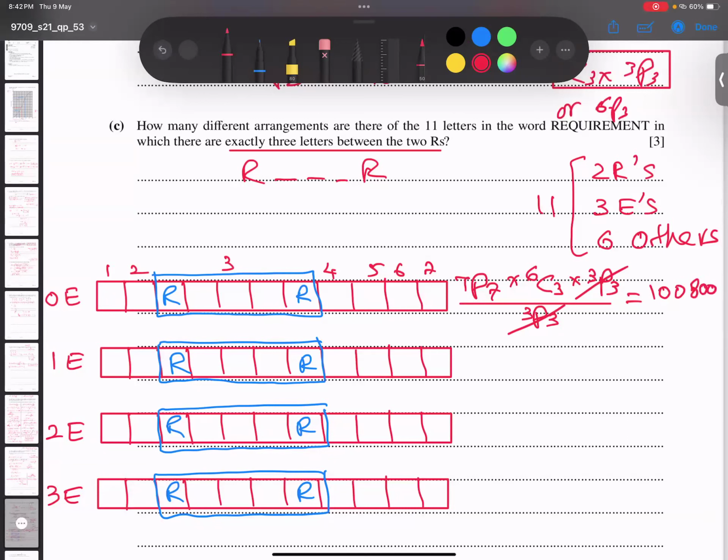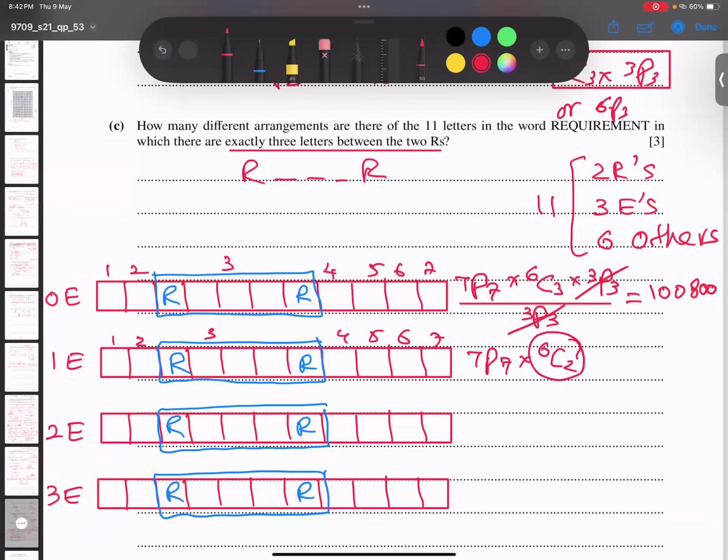Now, student, let's say 1 E comes in the middle. Naturally, if 1 E comes in the middle, out of the others we need 2. So 7P7 comes for what reason? 1, 2, 3, 4, 5, 6, 7. 7P7 will come every time. Now 6C2, why 6C2? From the others, I need 2 and 1 E will come.